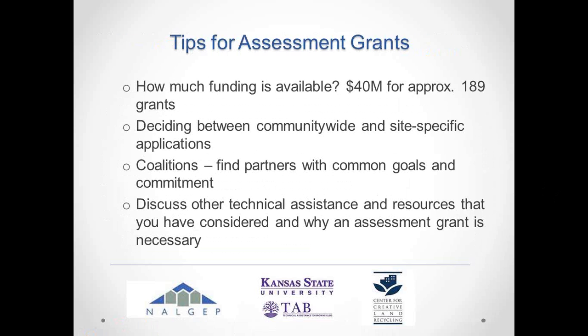Since these grants are very competitive, EPA does want to know that you've done your homework and really thought long and hard about applying for this. And Nikki described some of the reasons why.